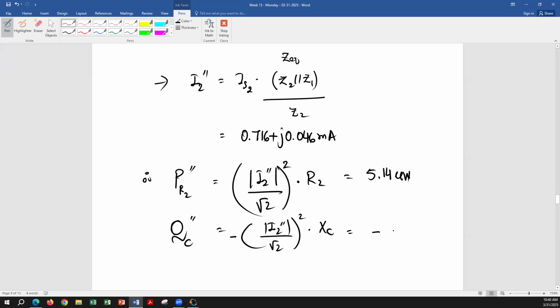So negative 1.2875 micro. So PR2 is equal to P.